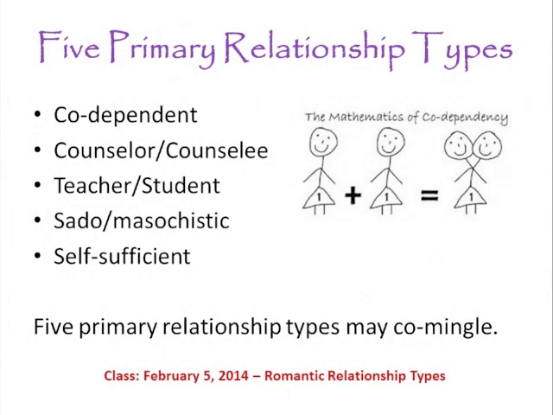Here's just a little review for you, setting it up for the PDFs that we archive. The 5 primary relationship types. You can see right there, we looked at this in our February class. And these 5 types: codependent, counselor-counselee, teacher-student, sadomasochistic, self-sufficient. These 5 primary types may commingle.